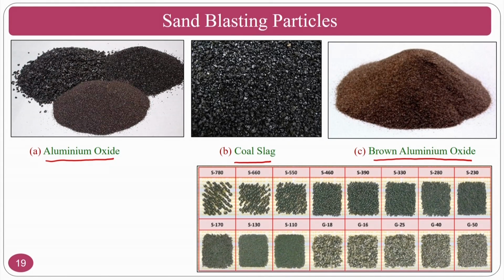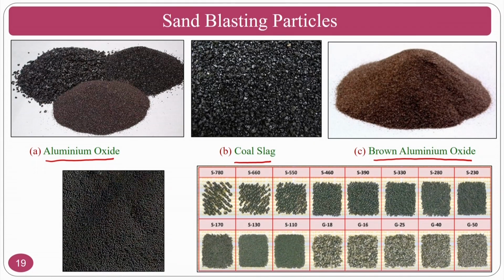Okay, these are some of the glass beads, or these are the steel balls. Now you can see here the ball sizes and other things. If you see this zoomed version particularly, you can see the very fine particles from S780 to S170.